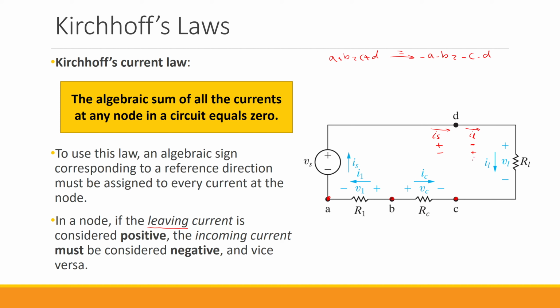The same is true here too. It is important to have this distinction between the current that enters a node and the current that leaves a node, but as long as you keep that consistent, there is not going to be any issue.